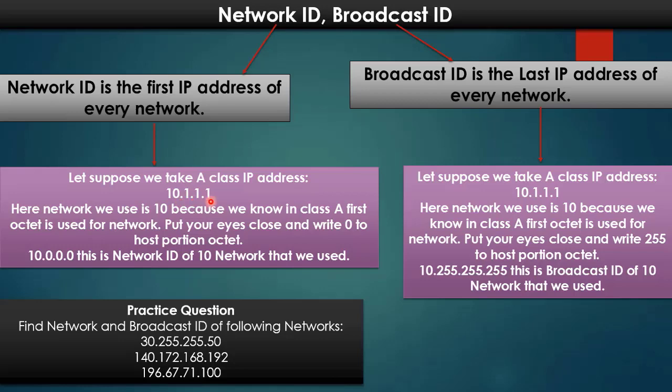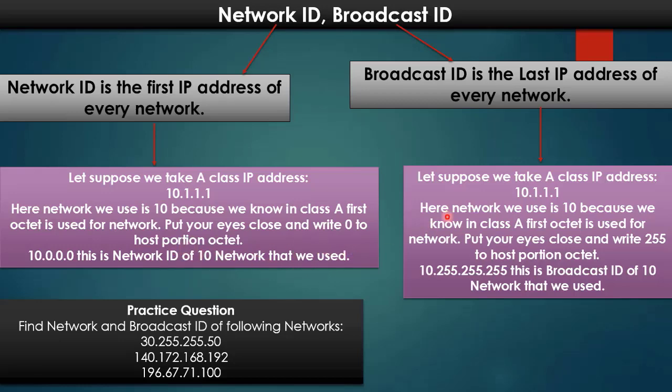Here the network we use is 10 because we know in class A the first octet is used for network and the others as host. Put your eyes closed and write 0 to the host portion. So you will get the network ID 10.0.0.0. This is the network ID of the 10 network that we used.